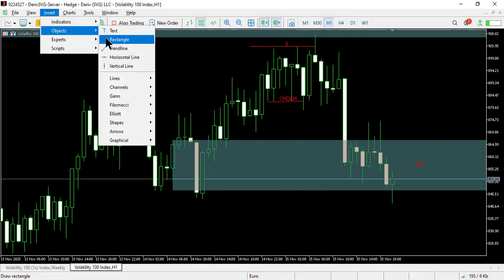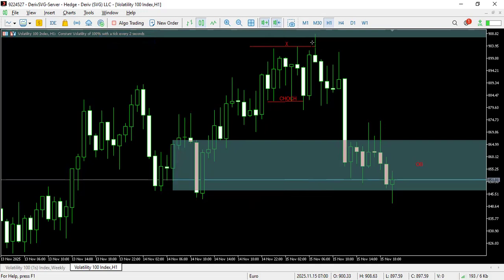So that is the change of character, and then the order block which caused that change of character, which is the way price reacted and then it shot.